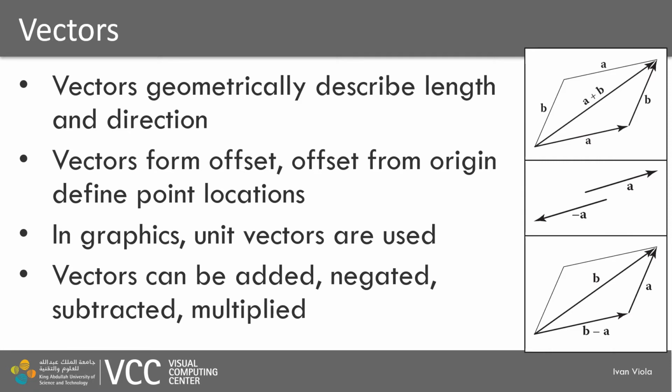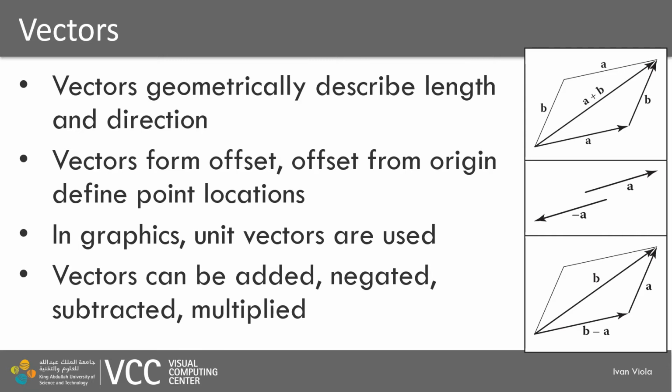And this offset can, for example, define point locations, because it can define the location as an offset from the origin.